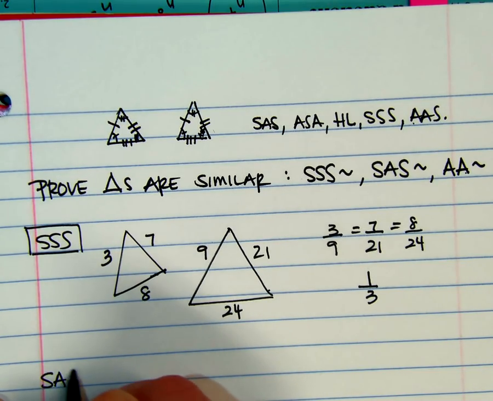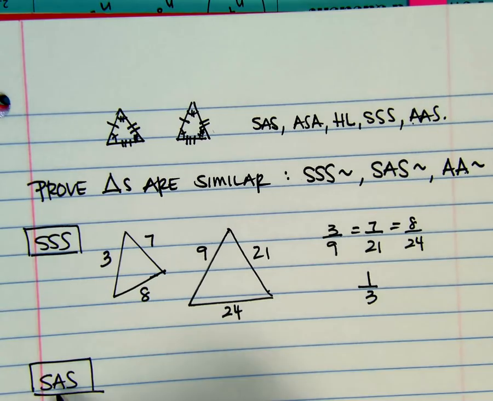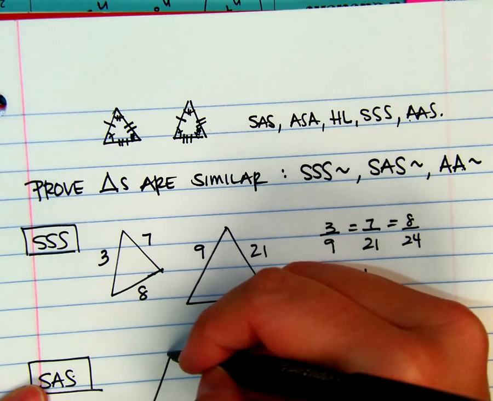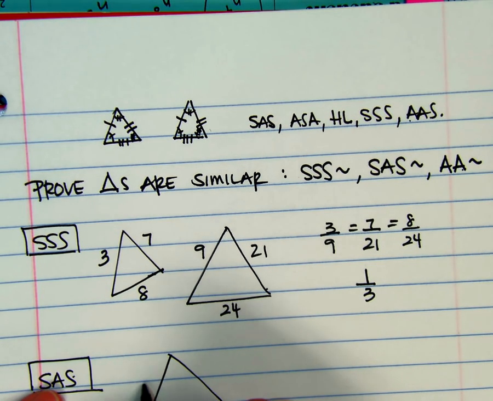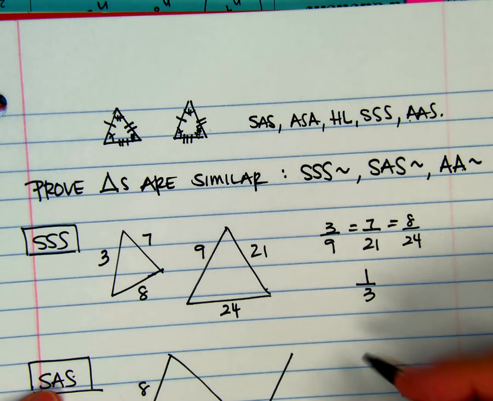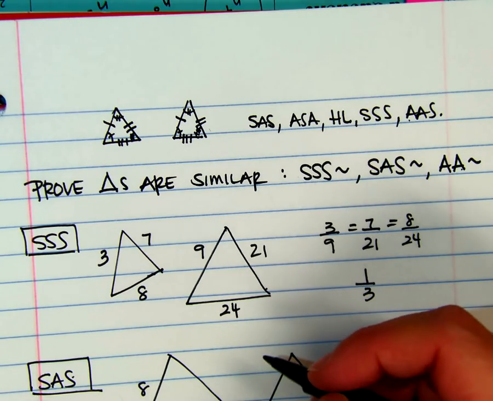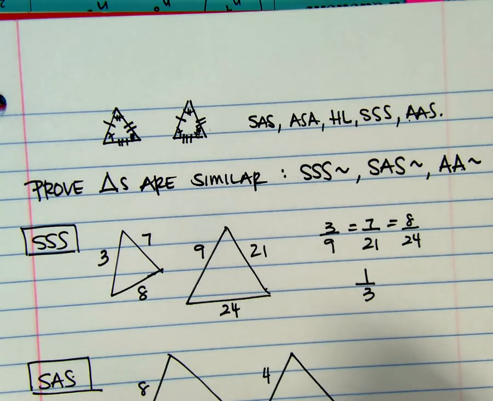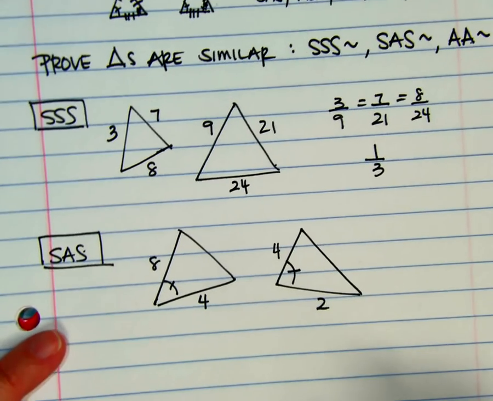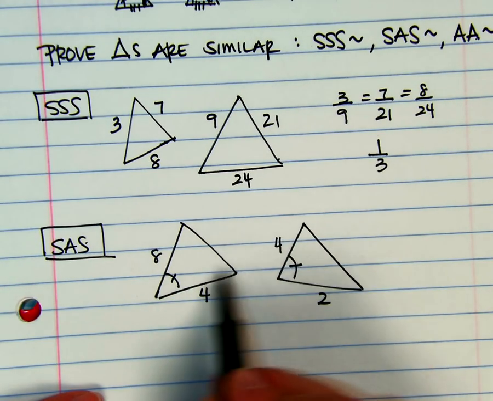If we look at side, angle, side, just like in congruency, that angle has to be included, in other words, has to be in between the 2 sides. So I know that the 2 angles are congruent.